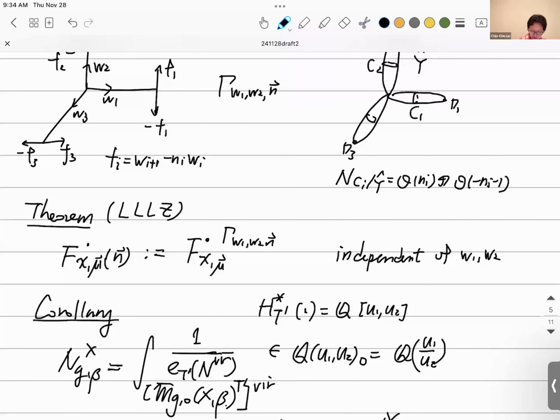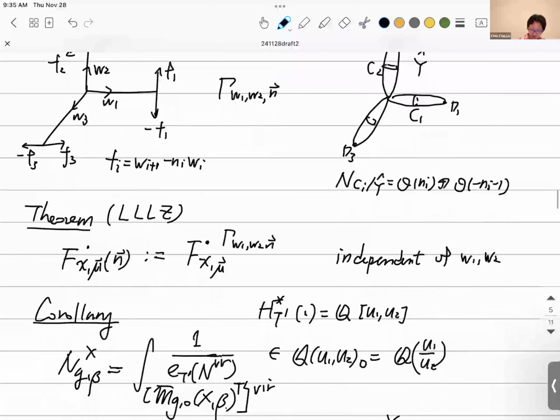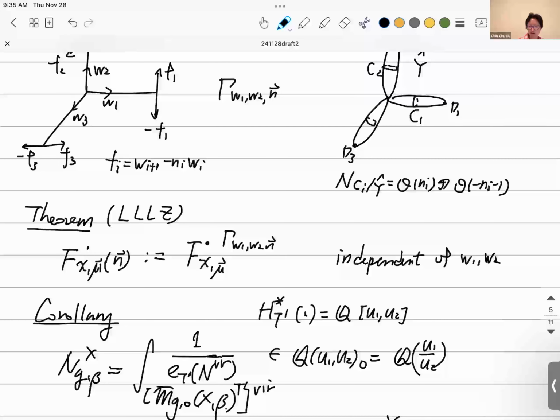But this equivariant invariant is in general a rational function in U1 and U2. Recall that U1 and U2 are the generators of the T prime equivariant cohomology ring of a point. And this is actually homogeneous of degree 0. So it's actually a rational function of one variable, U1 over U2.